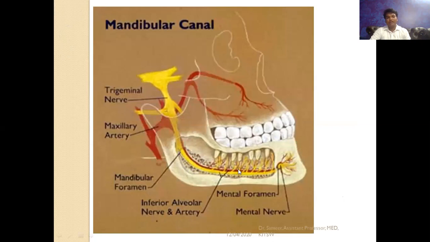This yellow area represents the nerve, the mandibular canal, as we call it. This is the nerve canal.